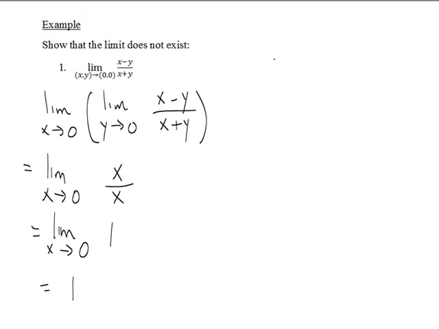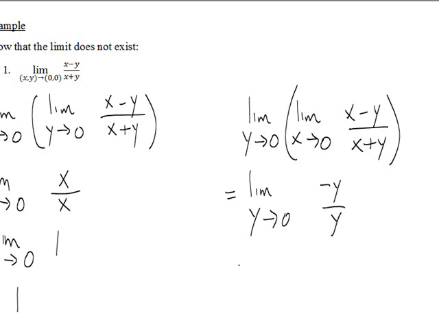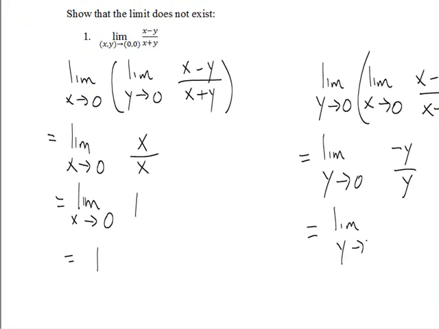Okay, now switch them around. We got one direction, now switch them around. So put the limit as y approaches 0 on the outside, put the limit as x approaches 0 on the inside, and put (x minus y) over (x plus y). Equals, leave the limit as y approaches 0 on the outside. Put x equals 0. What do you get? Negative y over y, which works out to be negative 1.